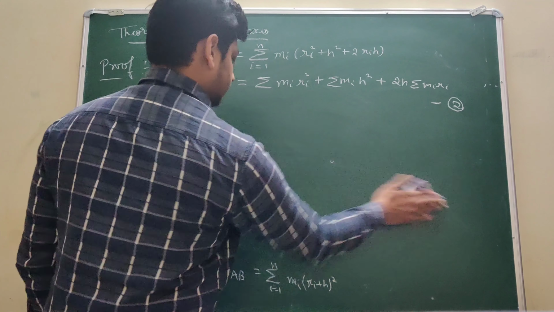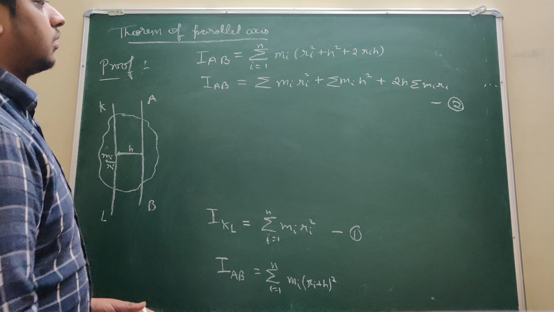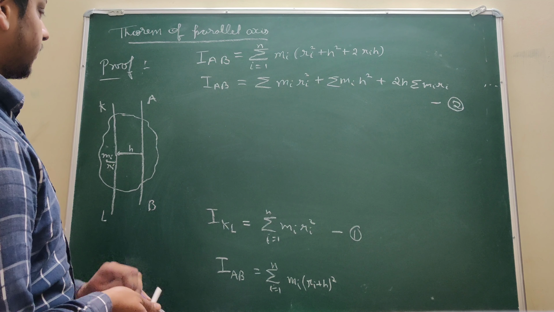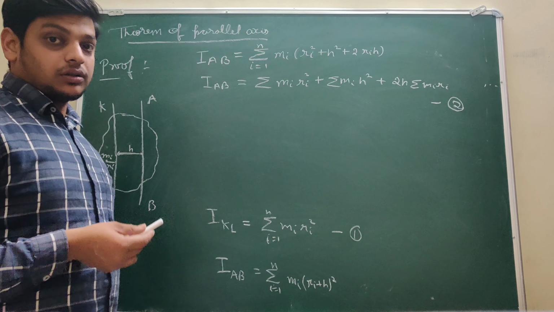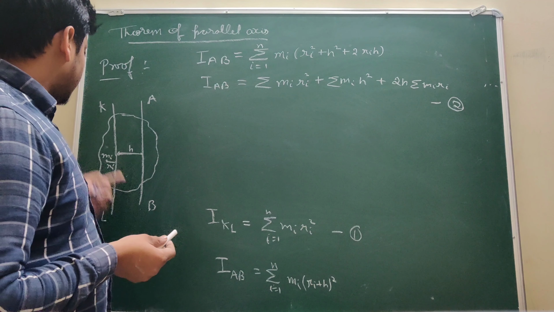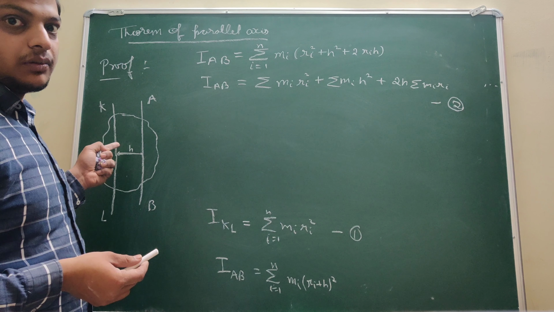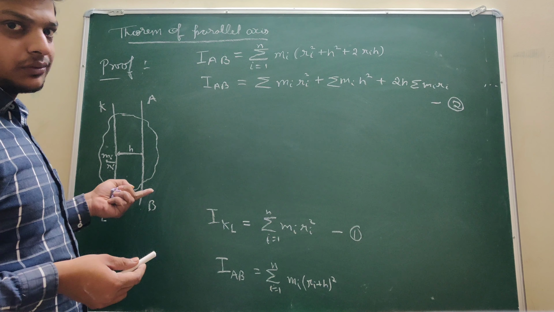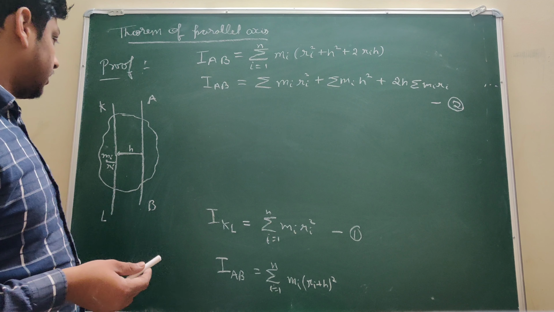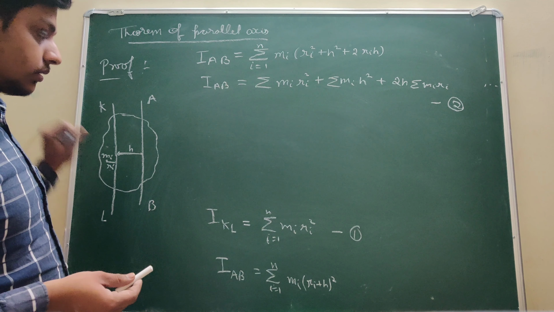Now see, the torque about the center of mass of the body is 0 because the distance from it is 0.